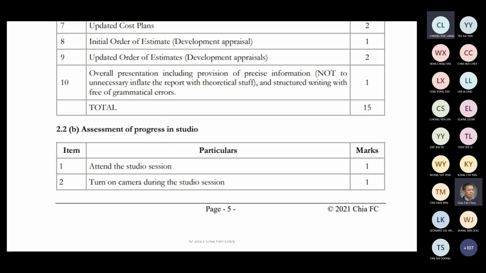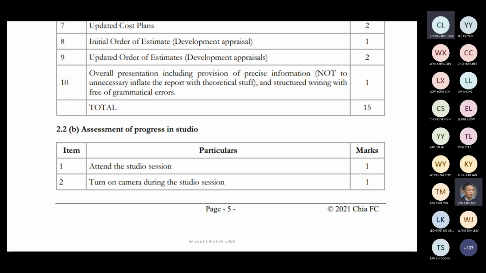Why? Look at the detail. For example, attending the studio sessions: your attendance is 1 mark. If you're not attending and your friend attends, of course you don't get the mark here. That's why it is individual.